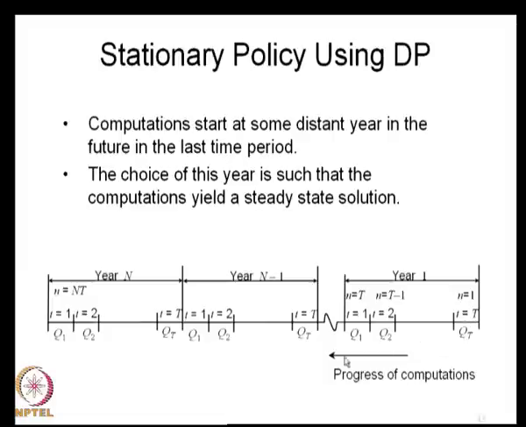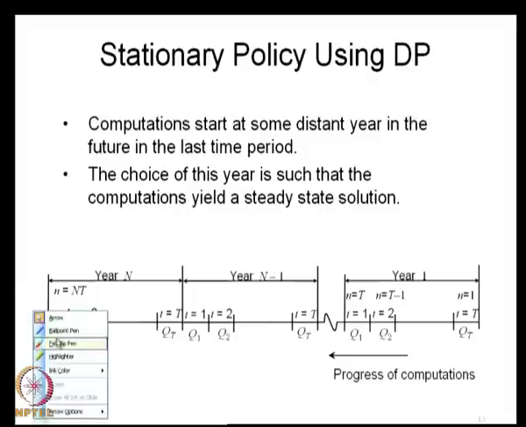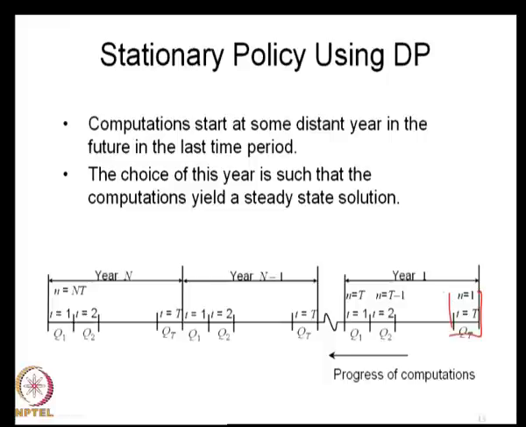So, you start the computations in the backward direction, each time taking one time period, and then next time you look at the connection between this time period and this time period, next time you look at the connection between this time period and this time period, and so on. So, you progress in the backward direction until you are sure that the steady state has been reached. So, this is some distant year in the future.